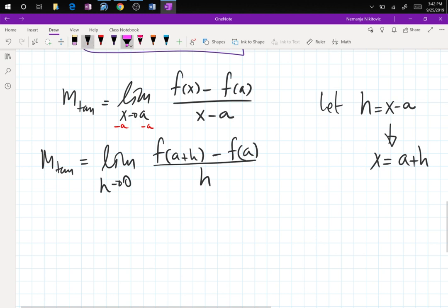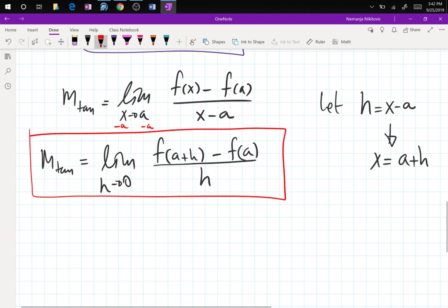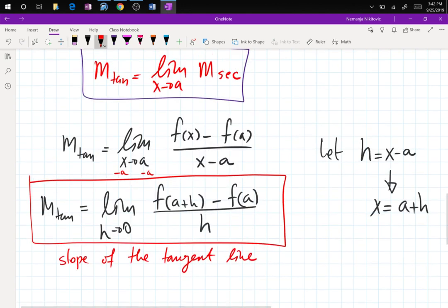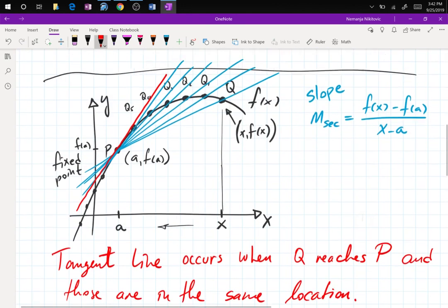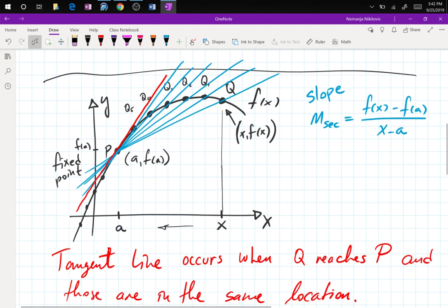So now we have the formula here which computes the slope of the tangent line. And that tangent line was the red line in our picture, which is the one that went through a single point.